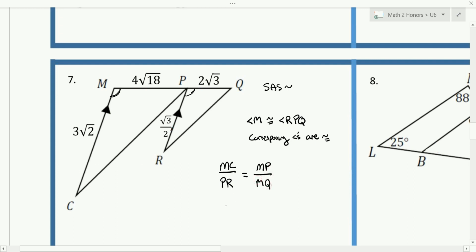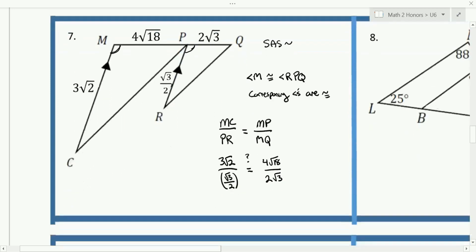And MC is 3√2. PR is √3/2. We want to see if that, I'll put a little question mark here. Is that equal to MP, which is 4√18, over 2 root 3. Okay?